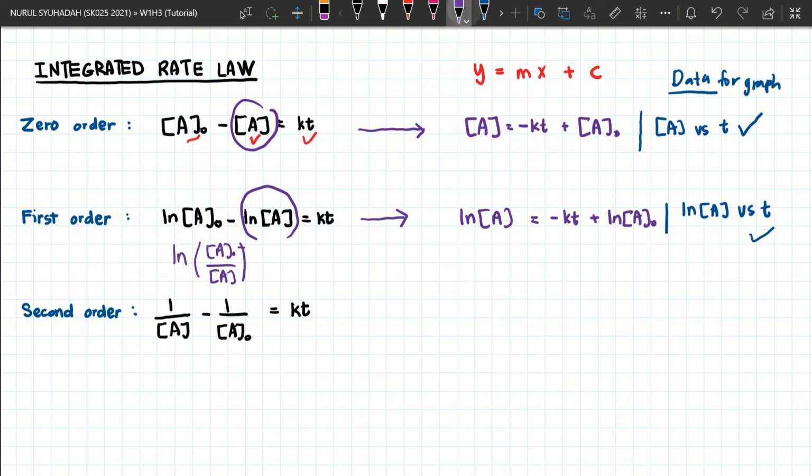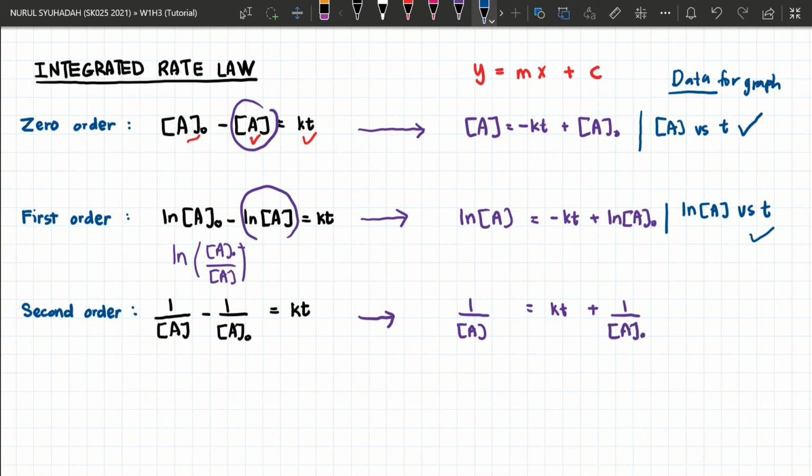And then lastly, for the second order reaction, this is the integrated rate law for the second order reaction. So same goes here, rearrange your equation. Your y-axis will be 1 over A, so 1 over A equals kt plus 1 over A0.